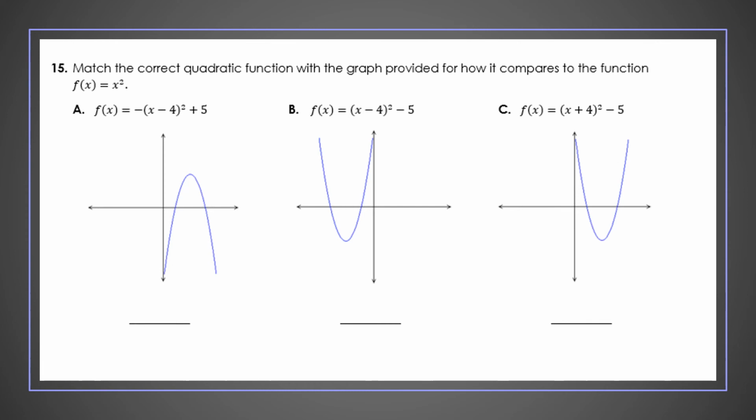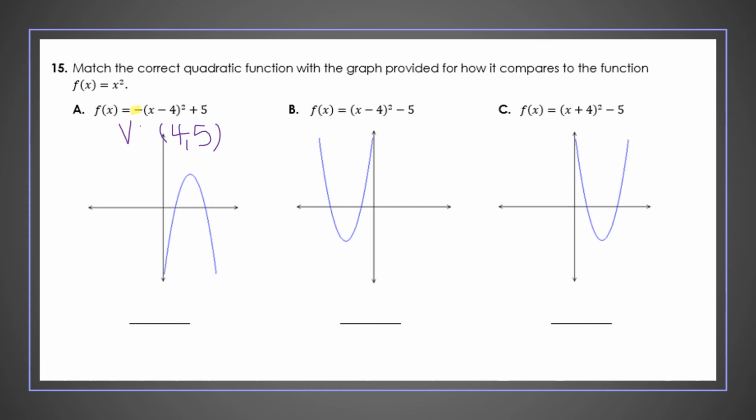So in equation A, the x minus 4 and plus 5 tells you that the vertex is (4, 5), or it shifts to the right 4 and up 5. The negative in the front lets you know that it opens down.